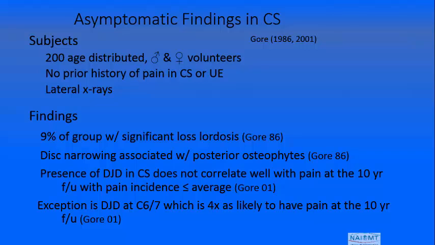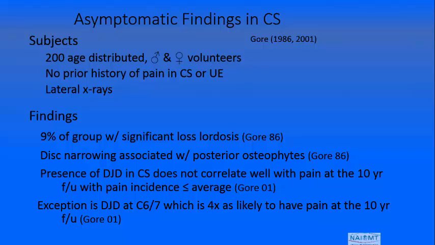A study done in the mid-80s by Gore took 200 age-distributed, gender-distributed volunteers, each with no history of pain, no history of upper extremity symptoms, and performed lateral X-rays. About 10% of them had significant loss of lordosis, a pathologic finding in most X-ray reports, along with disc narrowing and associated posterior osteophytic changes.